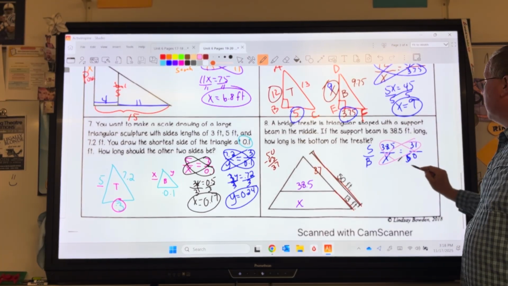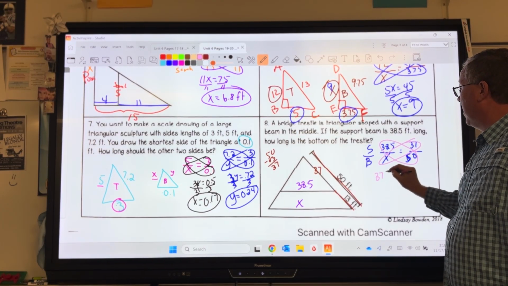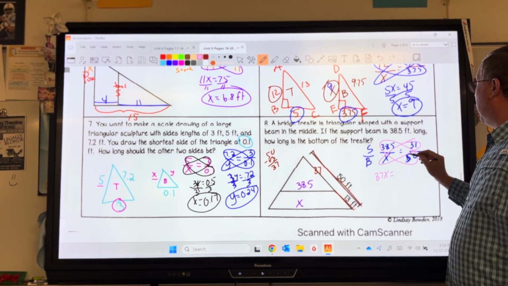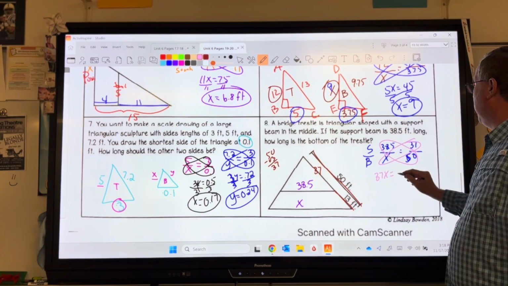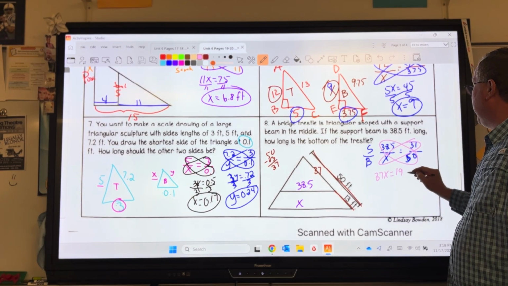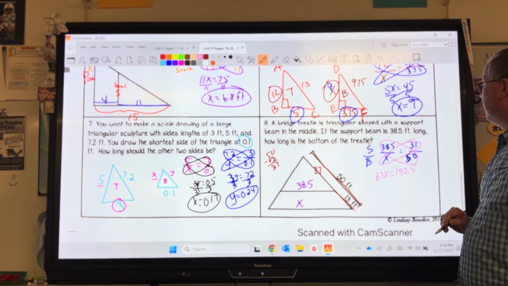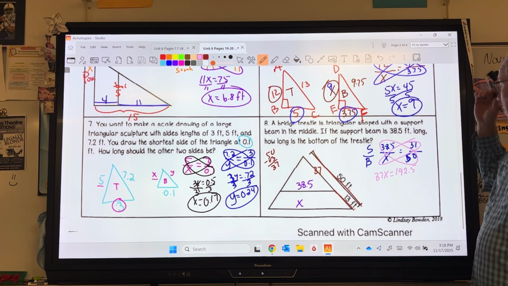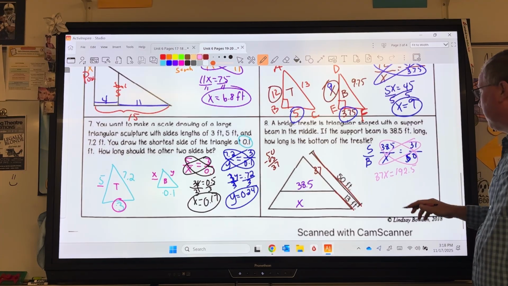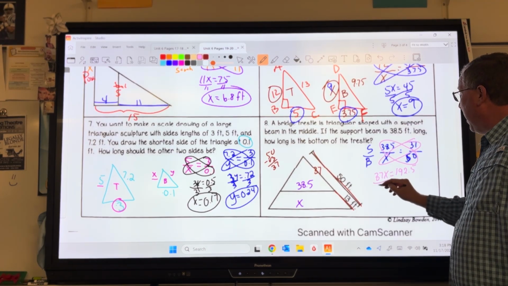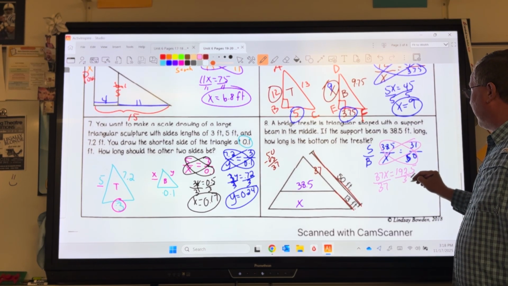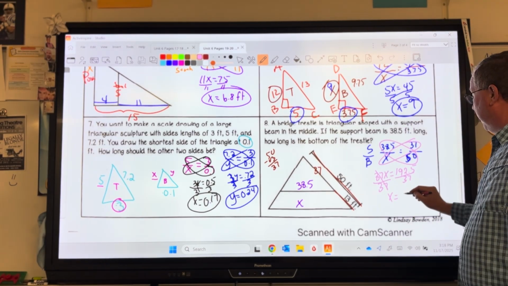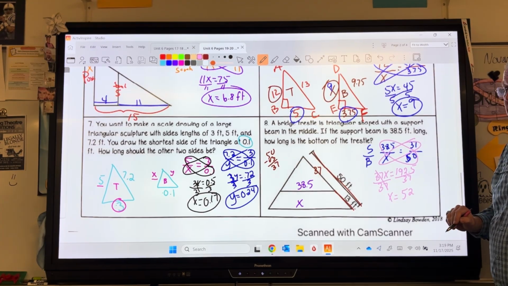I get 37x equals 38.5 times 50, which is going to be 192.5. Double check my work on that, but I believe that's right. Because 50, that's going to be 190 plus another 2.5, yeah, 192.5. I divide by 37, that crosses off, and I get x equals 52, okay?